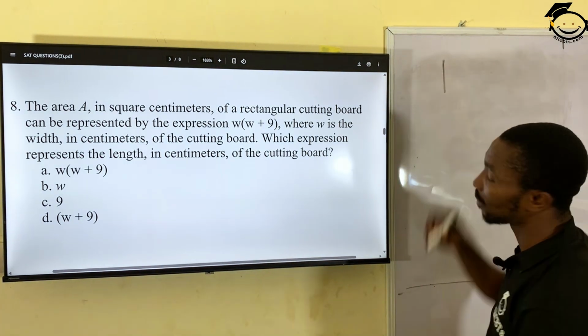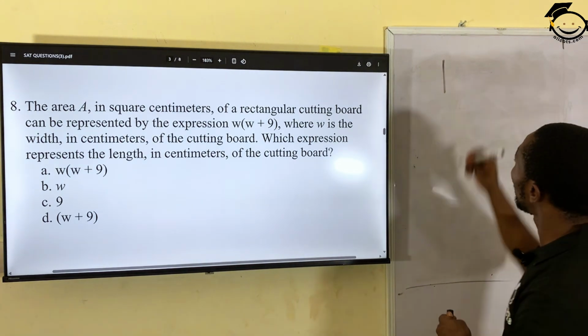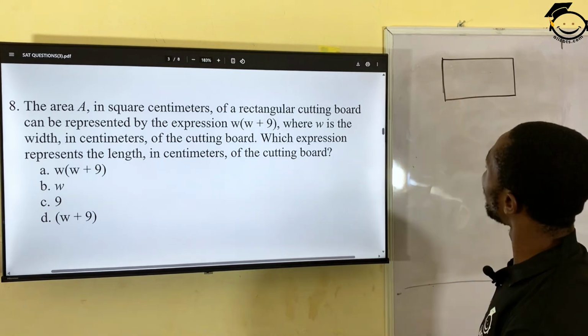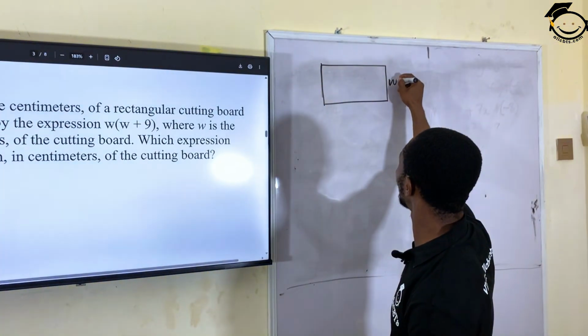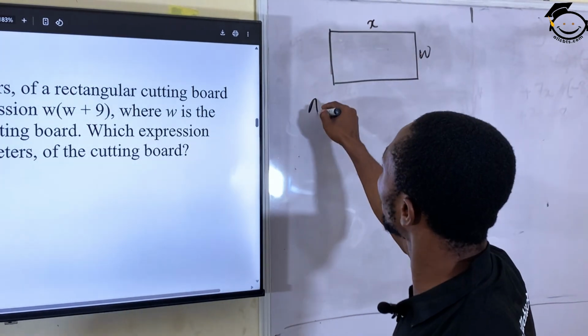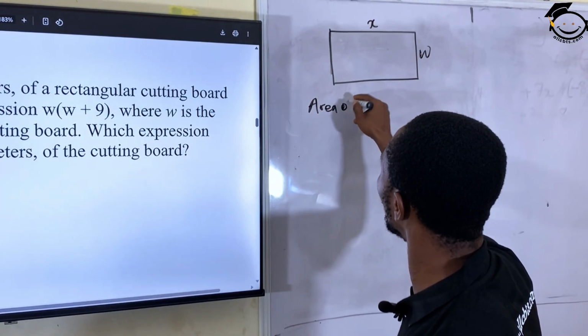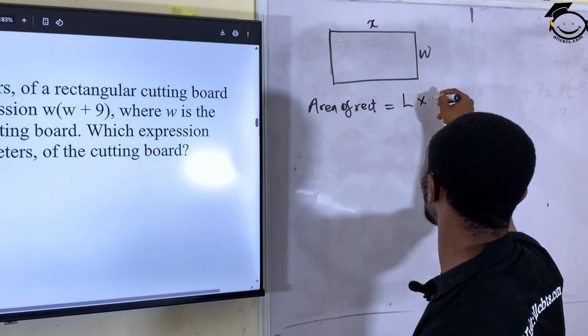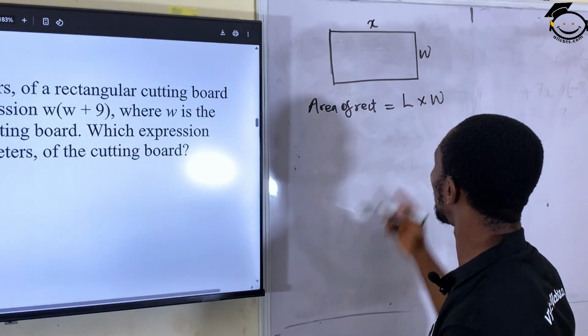Okay, if we have our rectangular board, W is the width and we do not know our length, but we know that area of rectangle equals length times W, which is our width.